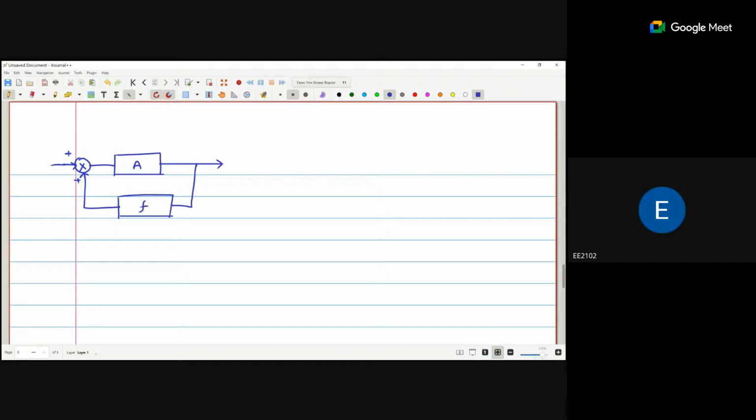So, as already mentioned in the lecture, just break the loop. This is your loop. Start from the adder to A, then feedback to F, then again the adder. This is your loop. To break the loop, apply a small incremental voltage.